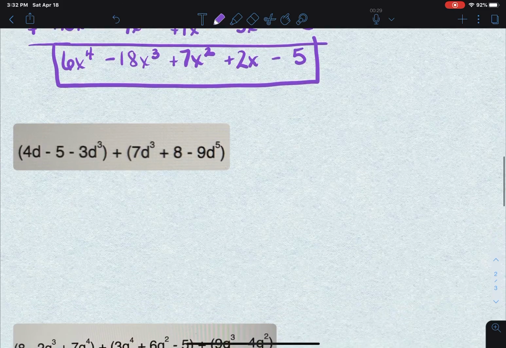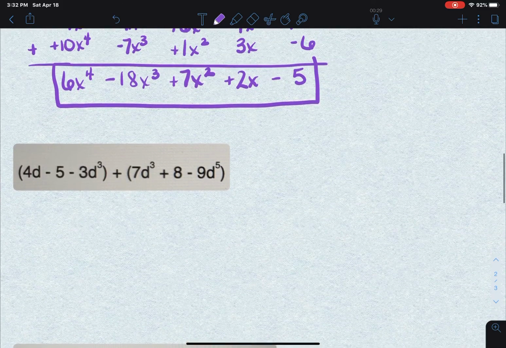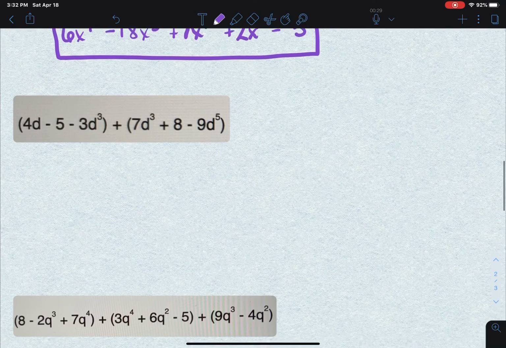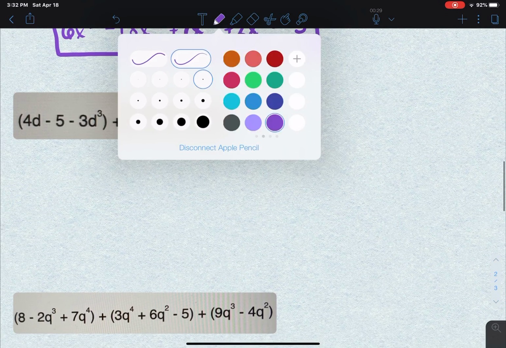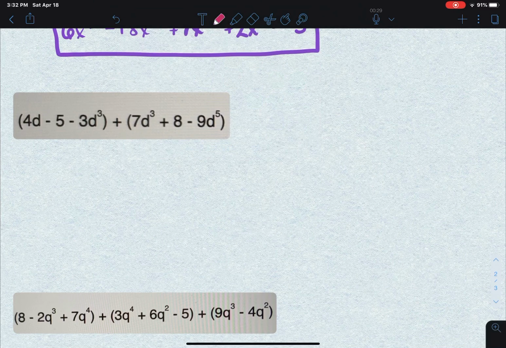Okay, let's look at a couple more here, and then we'll go on to some more practice. So on this next one, I'm looking at this and trying to find the highest exponent I see with a variable. So the highest exponent I see right here is this d to the 5th. So I have d to the 5th, and then I'm going to set up standard form.